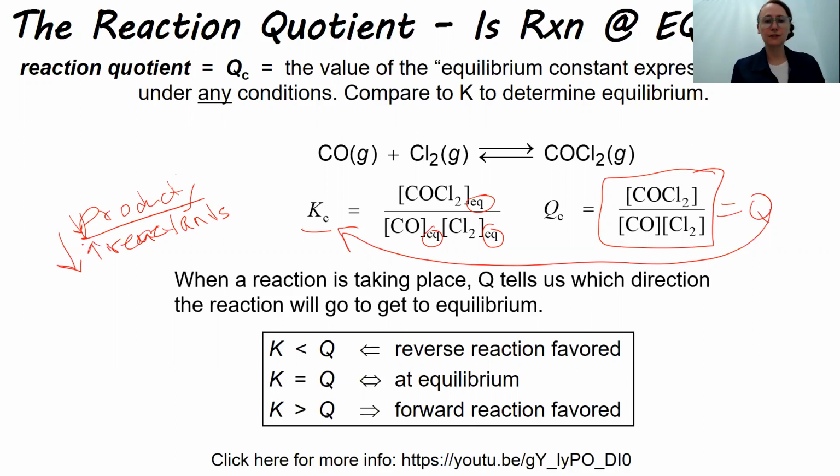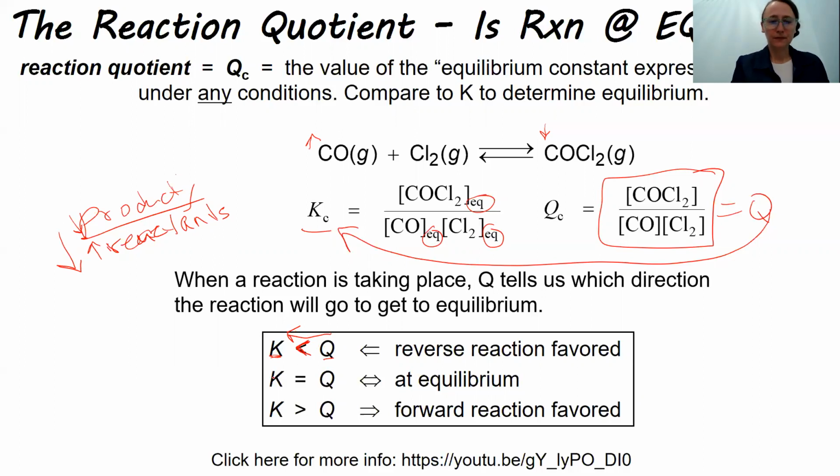Well, if you're decreasing products and increasing reactants, then you need to go in the reverse direction. And if you put it in the order of K compared to Q, then your greater than or less than sign will point in the direction you need to go.